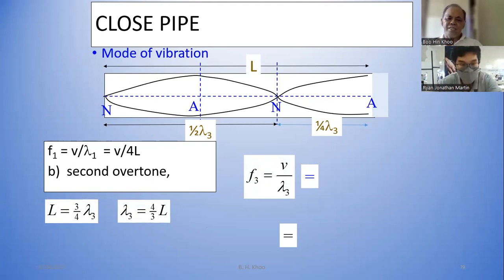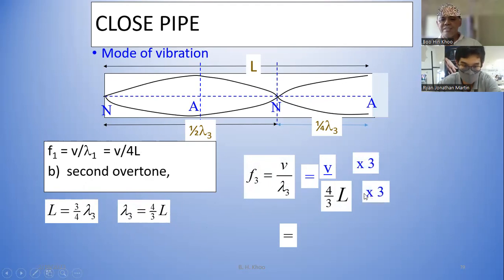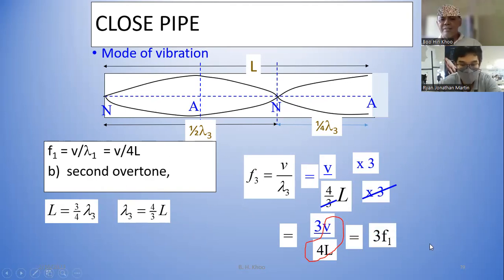V over lambda 3. So we multiply the numerator and denominator by 3, cancel the 3 here, so we get 3V over 4L. This V over 4L is your F1, so this is 3F1.